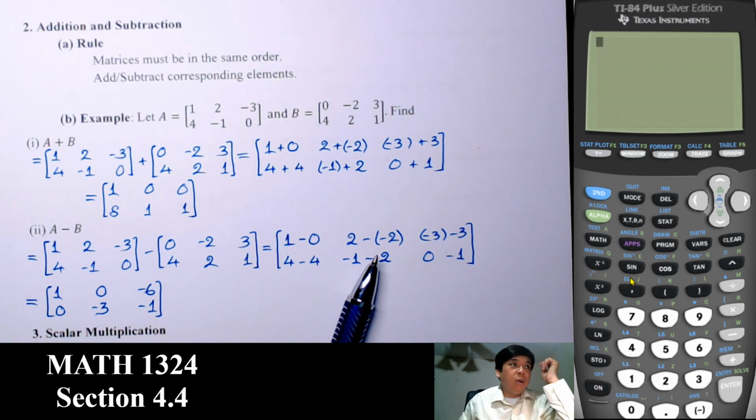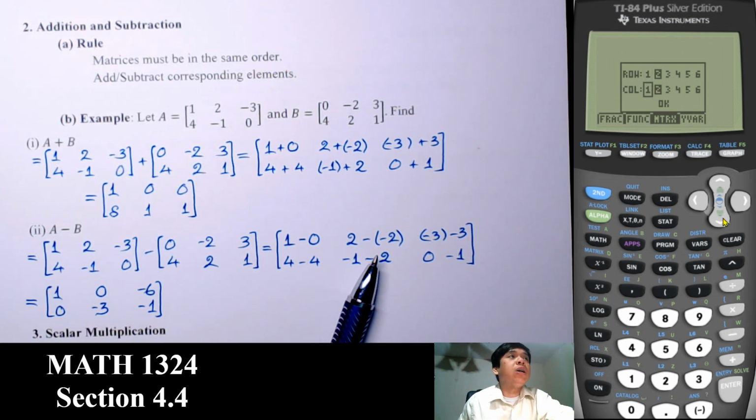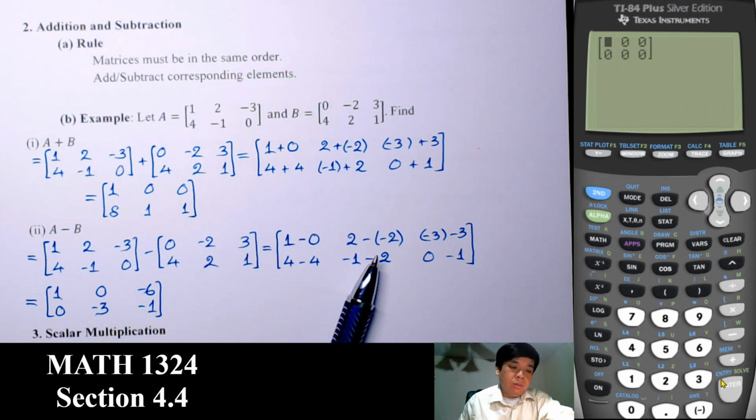So if we use the calculator, alpha and zoom, and now this one has 2 rows, 3 columns. So just have 1, 2. The negative is here, not subtract. And then subtract.